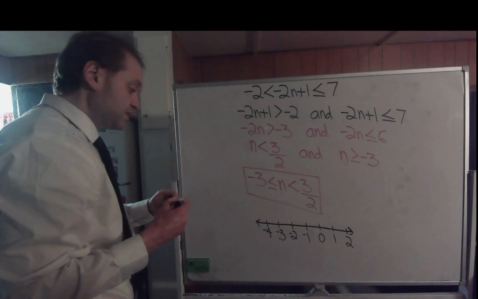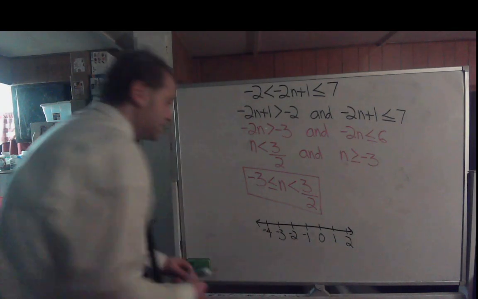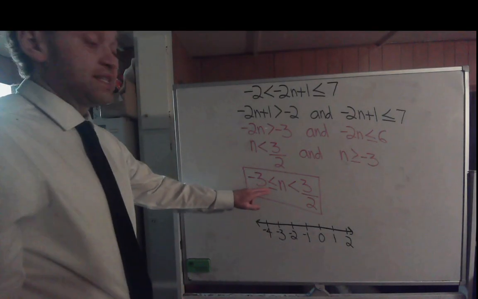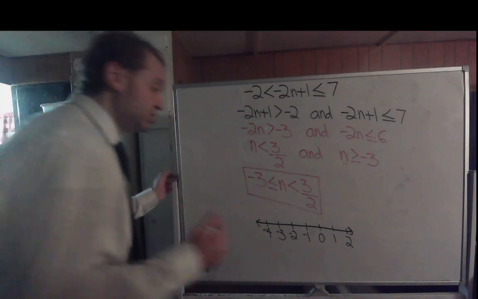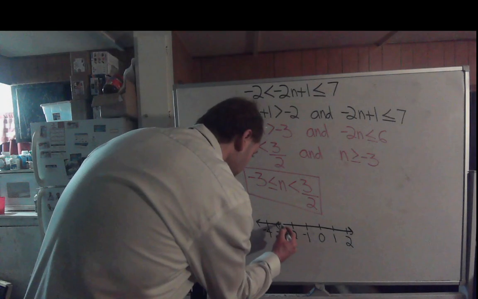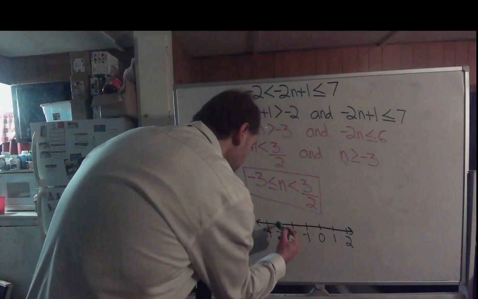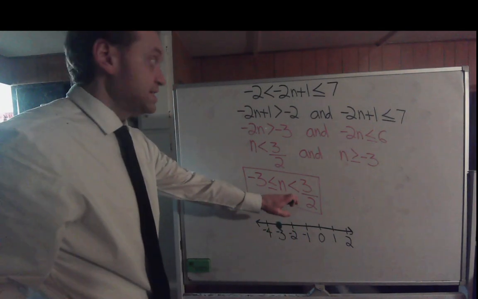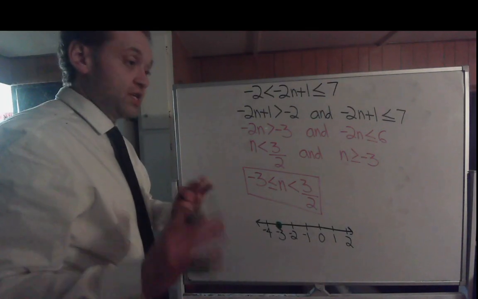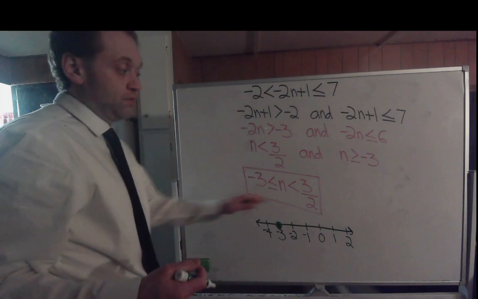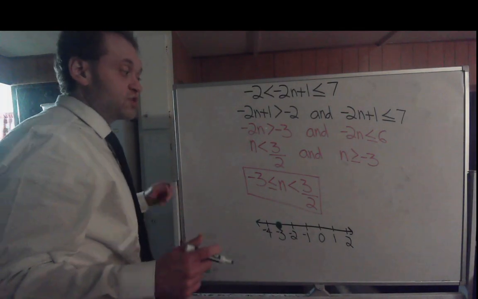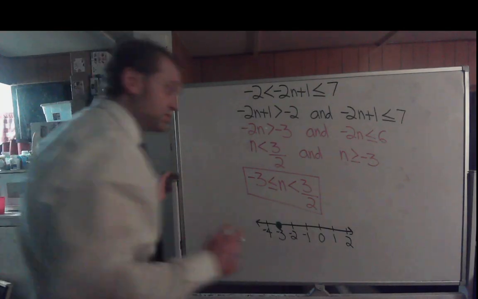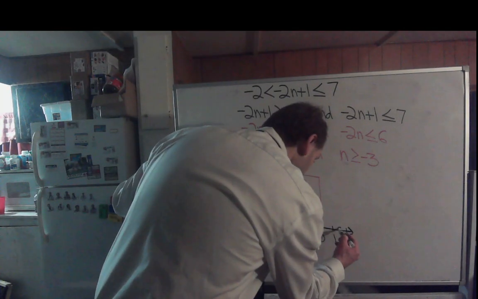Alright, so let's go ahead and plot this on a number line. So negative 3 is less than or equal to n. So since negative 3 is included, you'll put a solid dot at negative 3. Then n is just less than 3 halves, just less than, which means 3 halves is 1.5. So at 1.5, you're just going to put an open circle since 3 halves is not included.